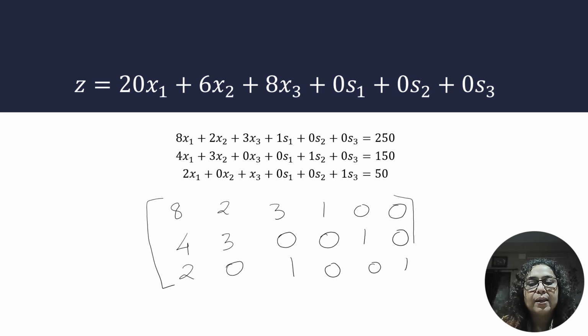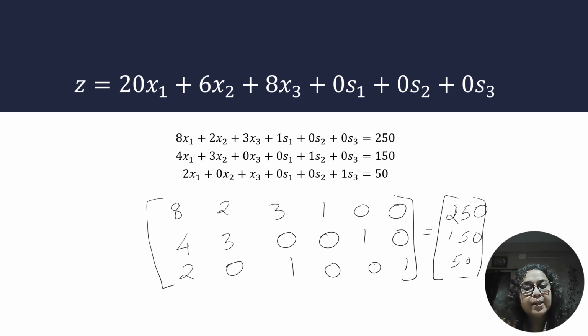And this is equal to 250, 150, 50. So I have written this in matrix form, right?